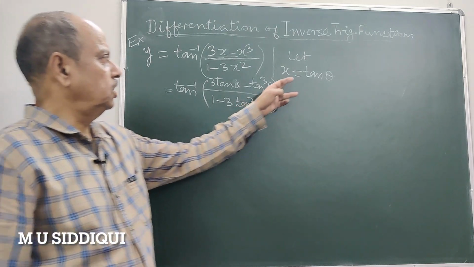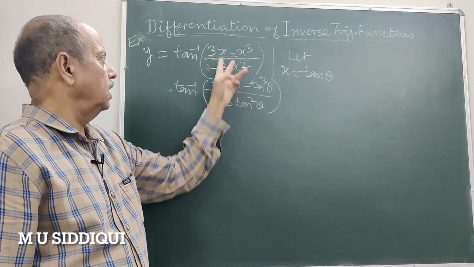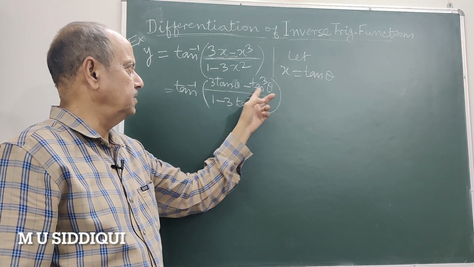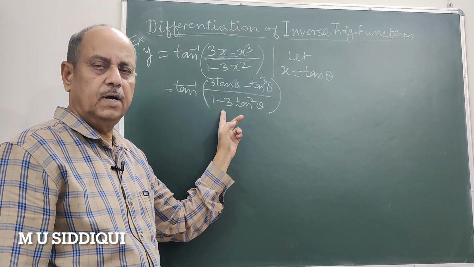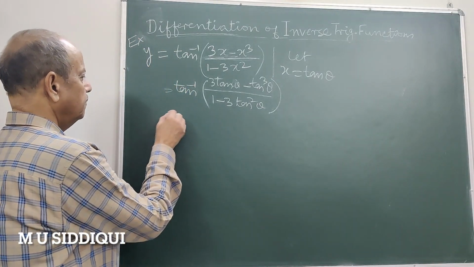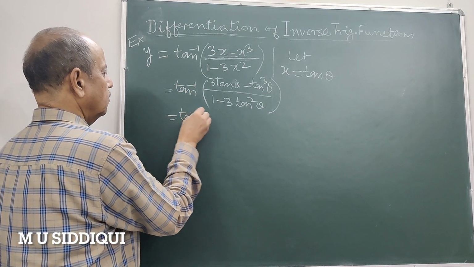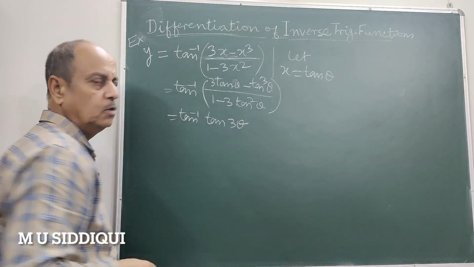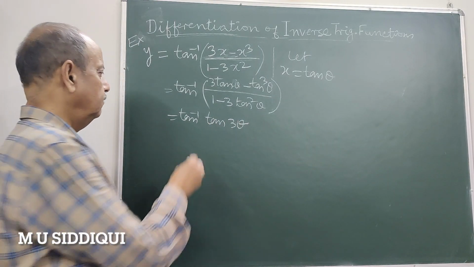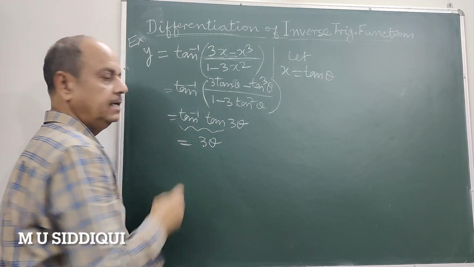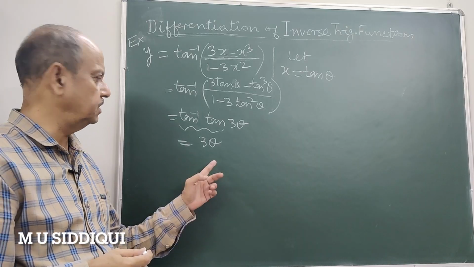Simply by substitution of x as tan theta, you have converted this expression inside the bracket, and this is one standard formula. You can say this is tan inverse of tan of 3 theta. So easy. And then once you have got this tan inverse of tan, this will be removed and you got only 3 theta. Simplified.